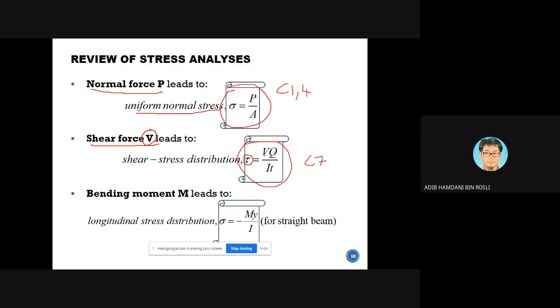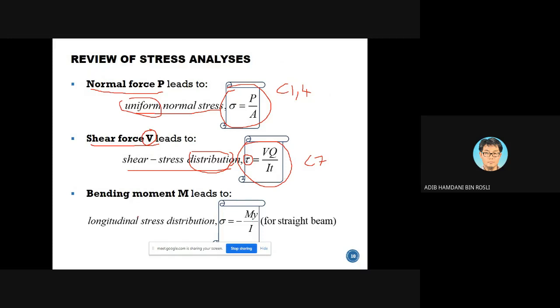The equation is VQ over IT, and you have this shear stress distribution. It's not just uniform anymore.